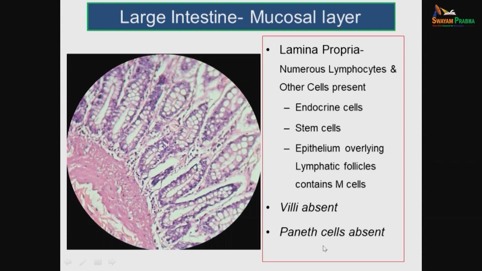So, this is what differentiates a large intestine from a small intestine in microanatomical features: absence of villi, absence of mucosal folds, and absence of Paneth cells. The mucosa is smooth with crypts of Lieberkühn or tubular glands, and in these tubular glands we see many cells which are like any other cell in the rest of the intestine.